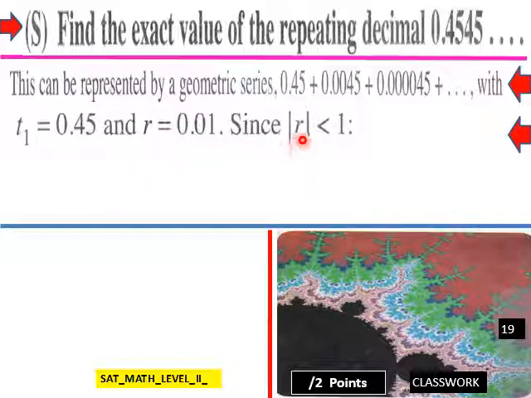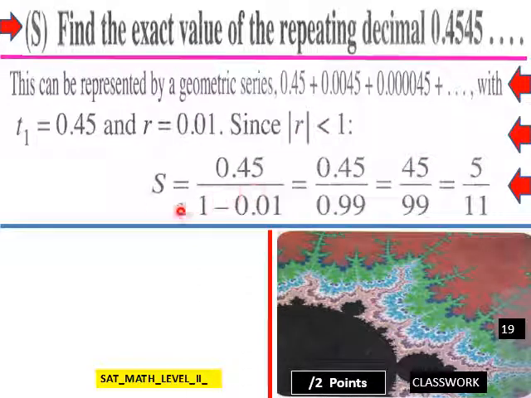Since the absolute value of r is less than 1, our summation will be 0.45 over 1 minus 0.01, which becomes 0.45 over 0.99, or 45 over 99. Simplifying, this equals 5 over 11. So this is our fraction value for this repeating decimal.